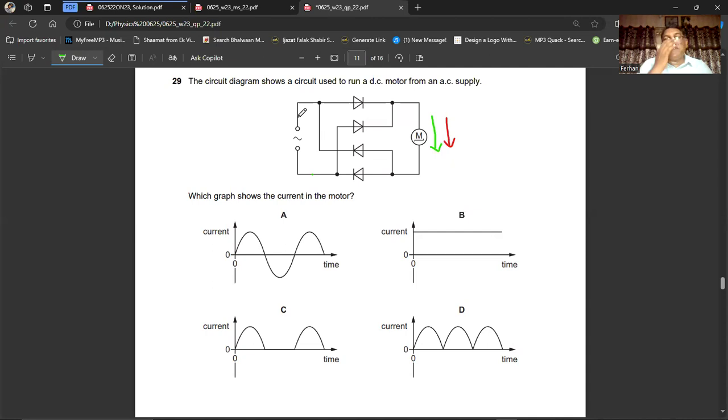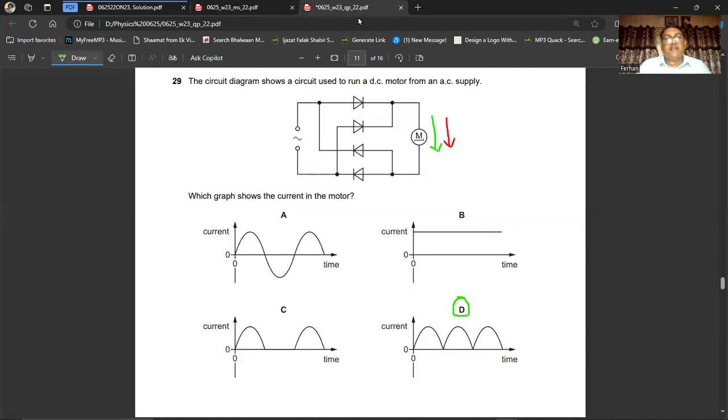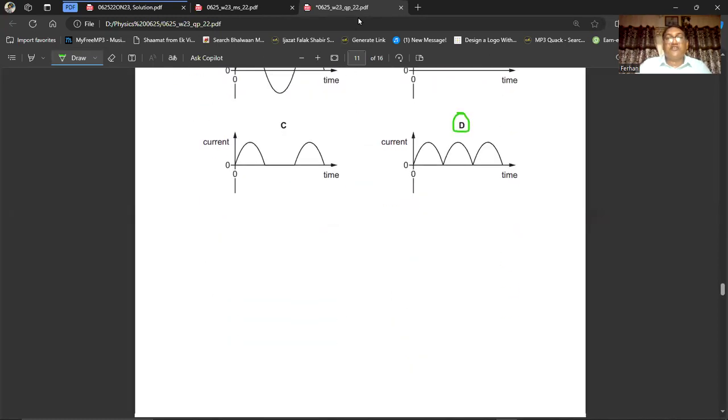So these diodes are converting the alternating current into DC current, and full wave rectification is done. D is the option, sir. This is full wave rectification of the alternating current into DC current. Question number 29, I think D is the right option, sir.